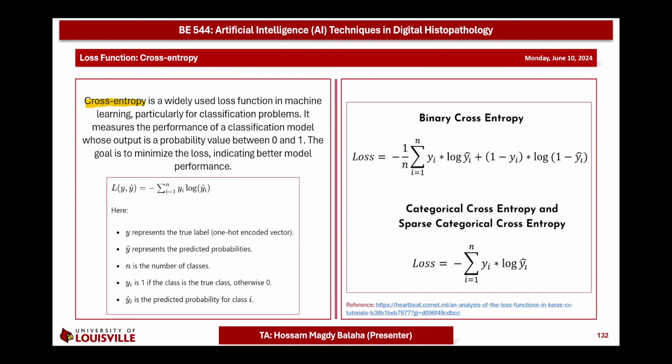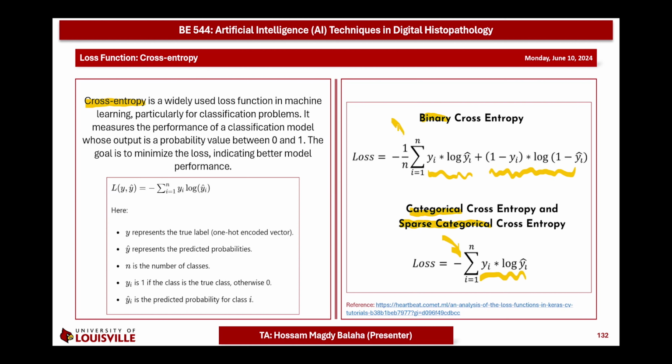So in binary classification, we are going to use binary cross-entropy, and in multi-class classification, we are going to use categorical cross-entropy or sparse categorical cross-entropy. Both of them share the same factors. In binary classification, there are only two classes, which is why you will find only two partitions in the equation, while in multi-class classification you will find only one part.